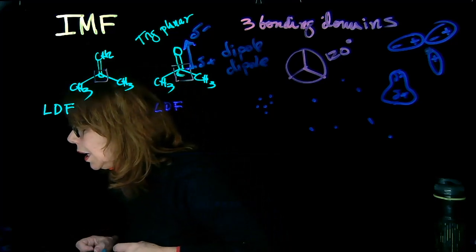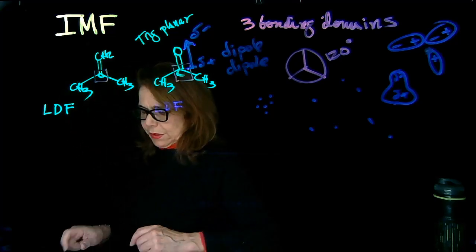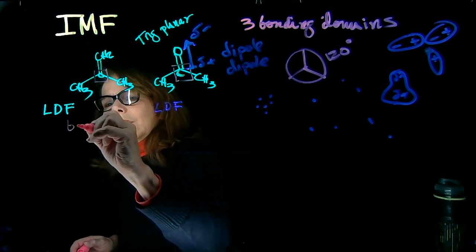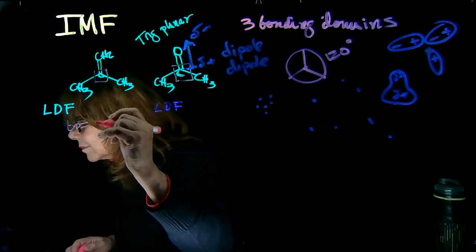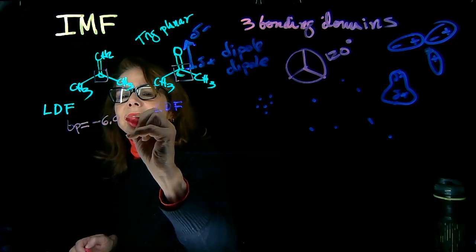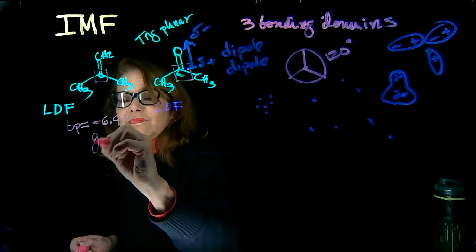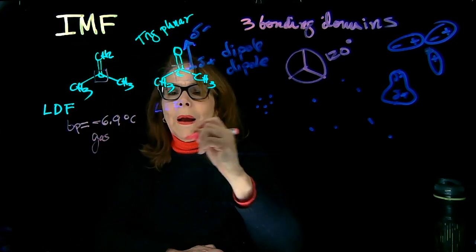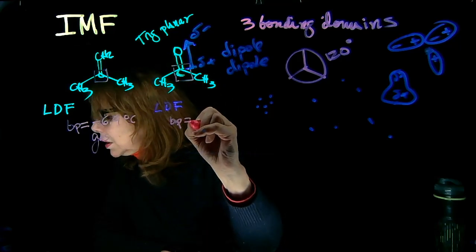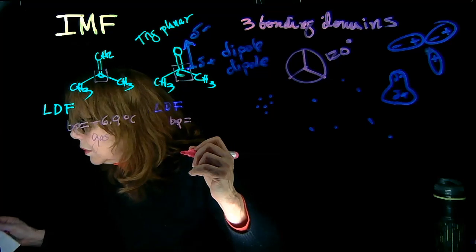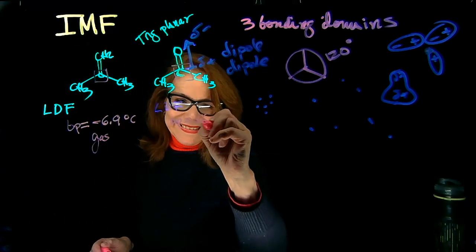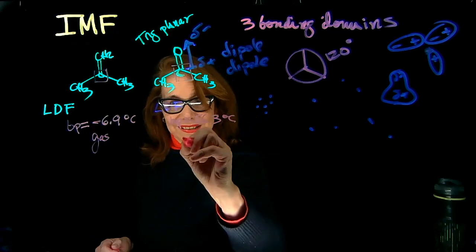The boiling point of isobutylene is minus 6.9 Celsius, so it is a gas. The boiling point of acetone is 56.3, so that's a liquid.